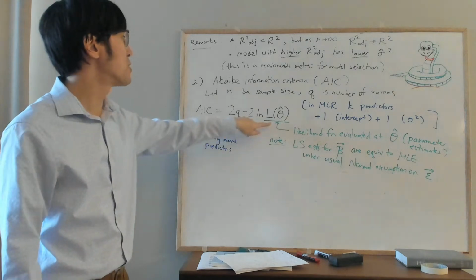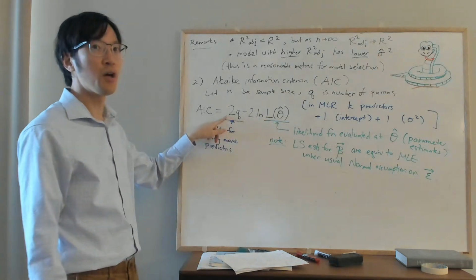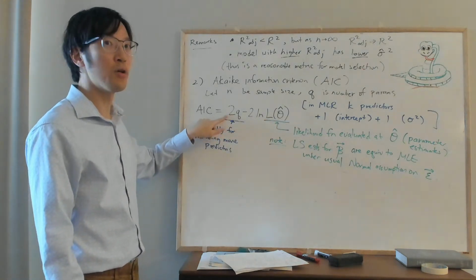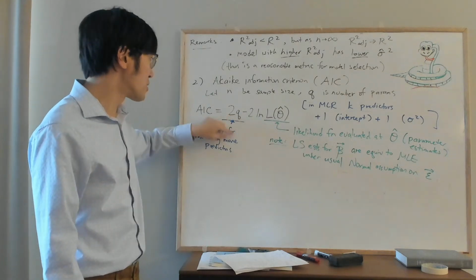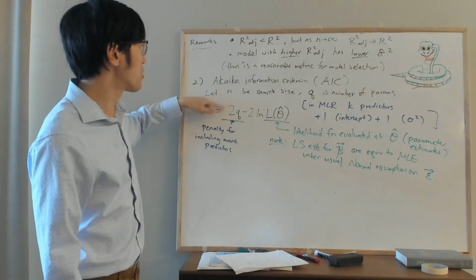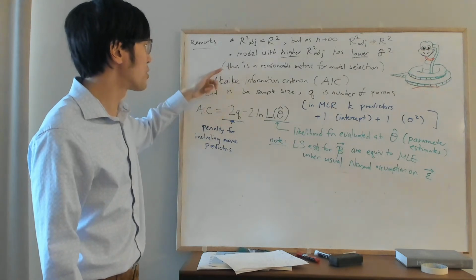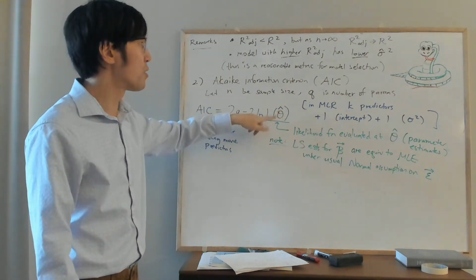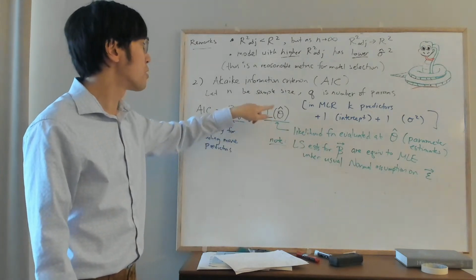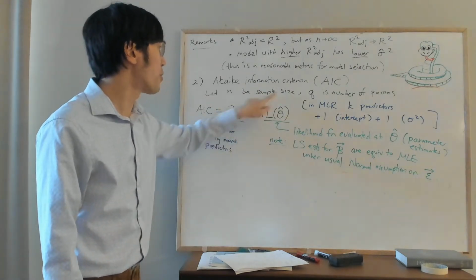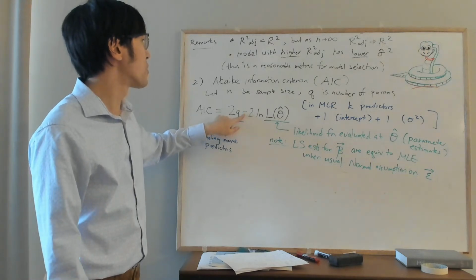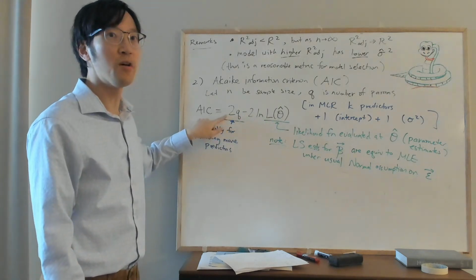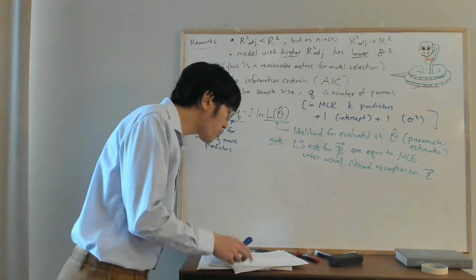The decrease from the likelihood function is offset by this penalty term. This is going to increase by throwing in more parameters, but you're hoping that the maximum likelihood L theta hat will increase a lot, and therefore this minus term will offset this penalty.